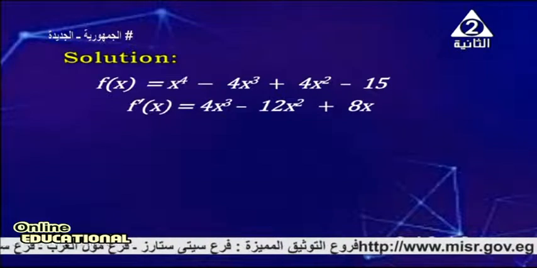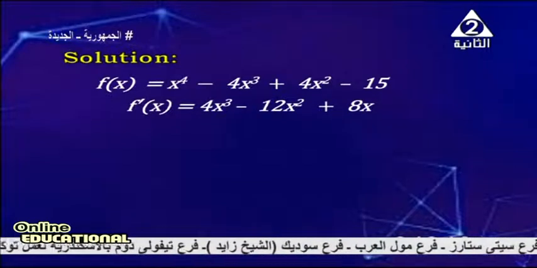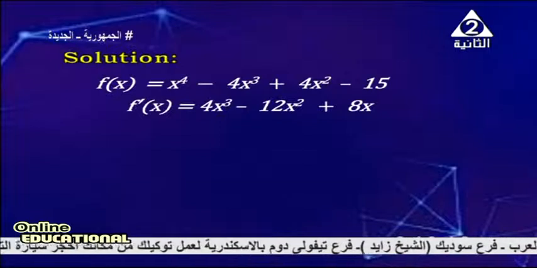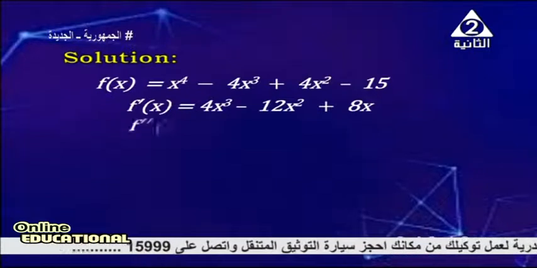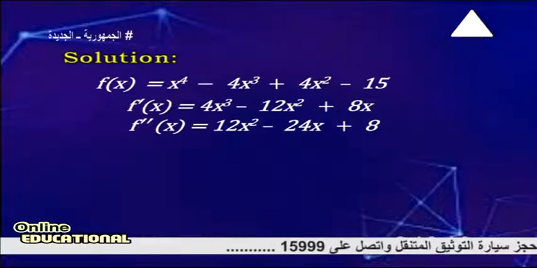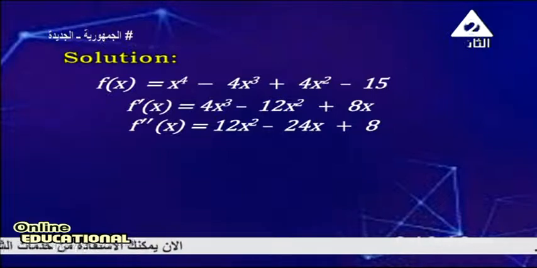The first derivative f dash x equals 4x to the power 3 minus 12x to the power 2 plus 8x. And the second derivative f double dash x equals 12x to the power 2 minus 24x plus 8.